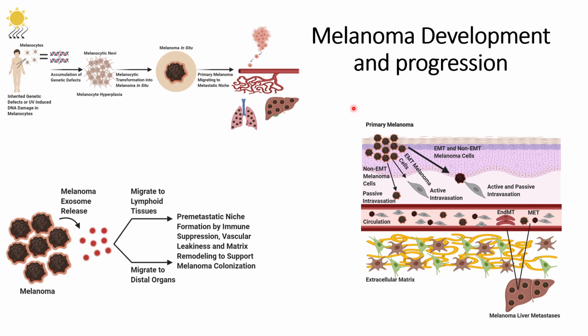This is how melanoma can metastasize into different parts of the body, such as liver and lungs, and it has been characterized in three different methods, and the last method is just a combination of both the first and second methods.